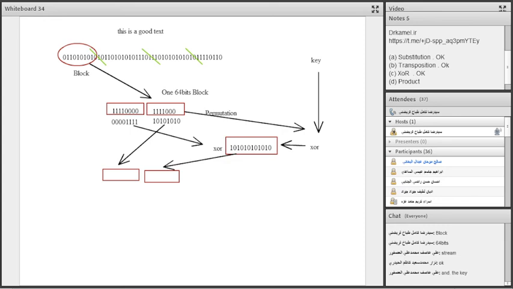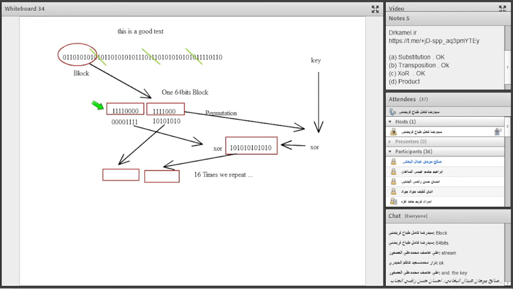We take the right side and we take the key and we XOR them, and we generate this one.